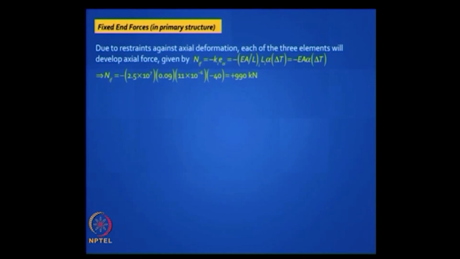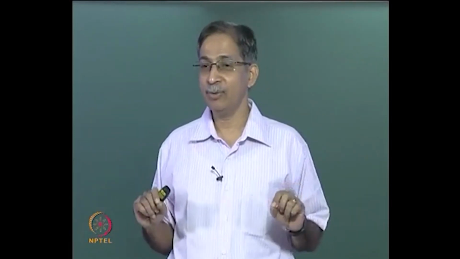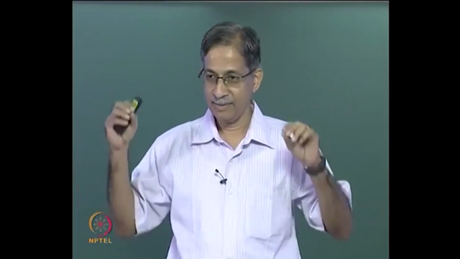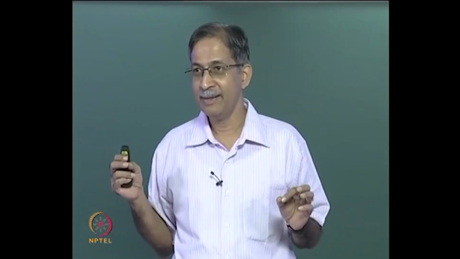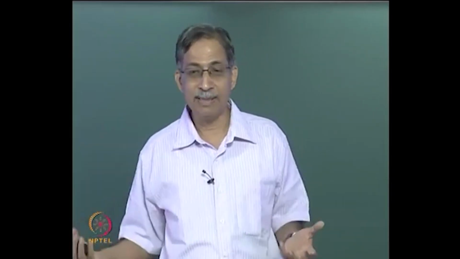Do you think the final force will be so large? How much do you think it will be? See, this is what you would get if you were to arrest those degrees of freedom, prevent that cooling from manifesting. In the primary structure you get a huge force of 990 kilonewton. But had this structure for example been simply supported, what will be the force in all those members? 0.